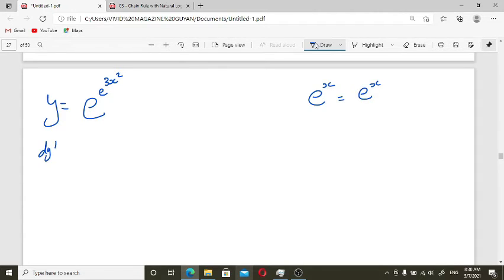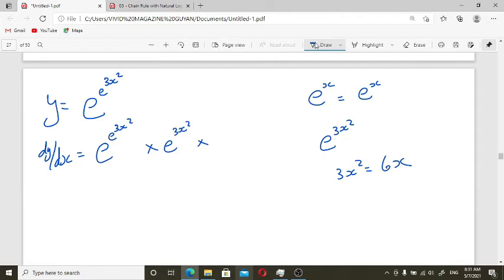So dy upon dx is equal to, write back what you were given, e to the 3x squared times, now you have e to the 3x squared. So you're going to write that now, e to the 3x squared. And now you're left with the derivative of 3x squared, which is going to be 6x. So what you're going to be doing now is write 6x.